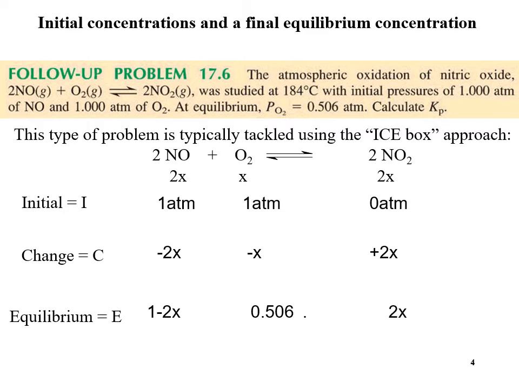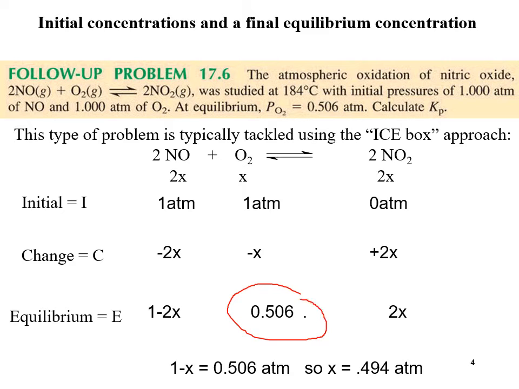Now, they gave us this concentration, 0.506, for our oxygen. And what you have to remember is that this is 1 minus x equals 0.506, okay? Do not get lulled into thinking that x is 0.506, because remember, we started with 1, and at equilibrium, it's 1 minus x.